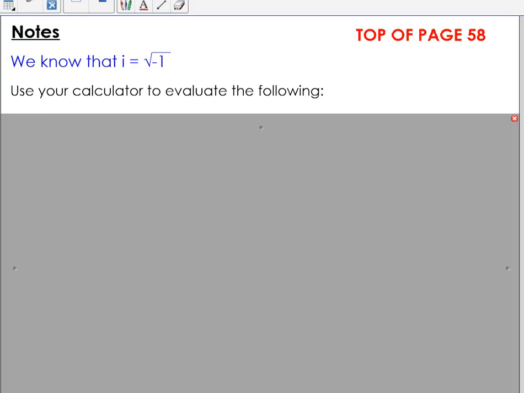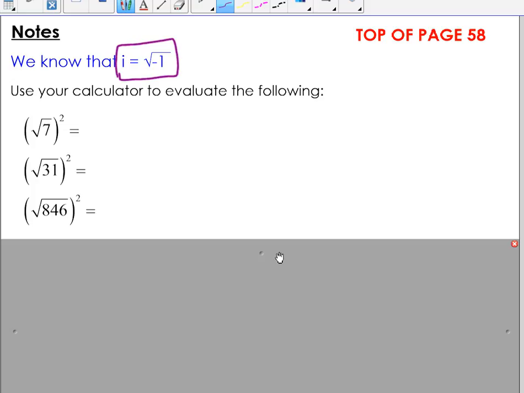If you go to page 58, it should be blank at the top of the page. So, from what we did in the last lesson, we know that i is the same thing as the square root of -1. Okay, so if we were to take these three problems and evaluate them in your calculator, the square root of 7 squared is going to be 7.